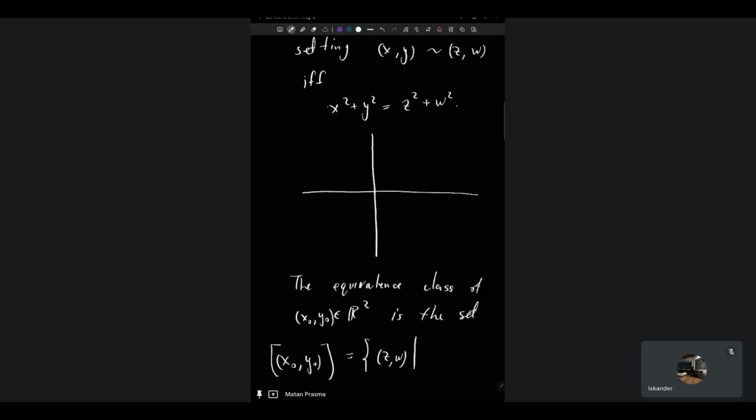So now I let z and w vary, and I'm looking for all pairs (z, w) such that z squared plus w squared is equal to x0 squared plus y0 squared.